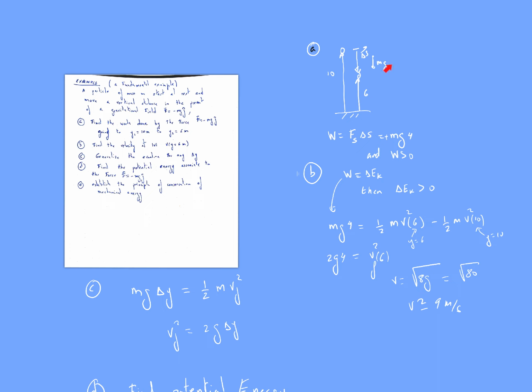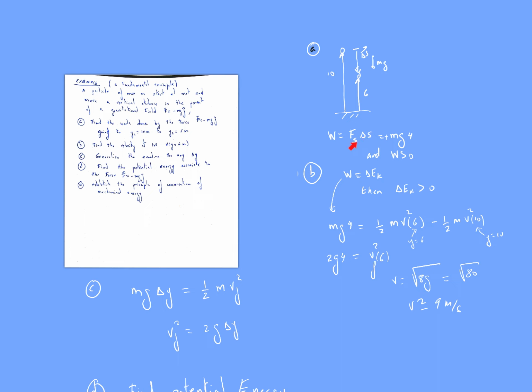Is the work positive or negative? Well, in going from the initial point A to the final point B, the work is positive because mg is in the same direction as the displacement. How much is the work? The work is the force in the direction of the displacement times the displacement.